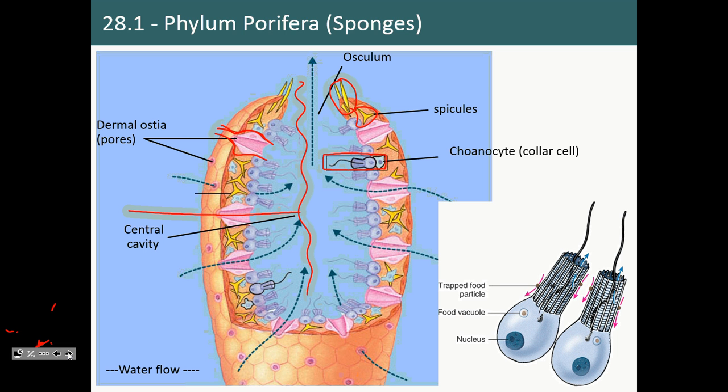And then we also have, in blue here, amoebocytes. The amoebocytes in the sponge are essentially like stem cells. They are originate cells that can differentiate into other types of cells and also carry out basic metabolic function for the individual.